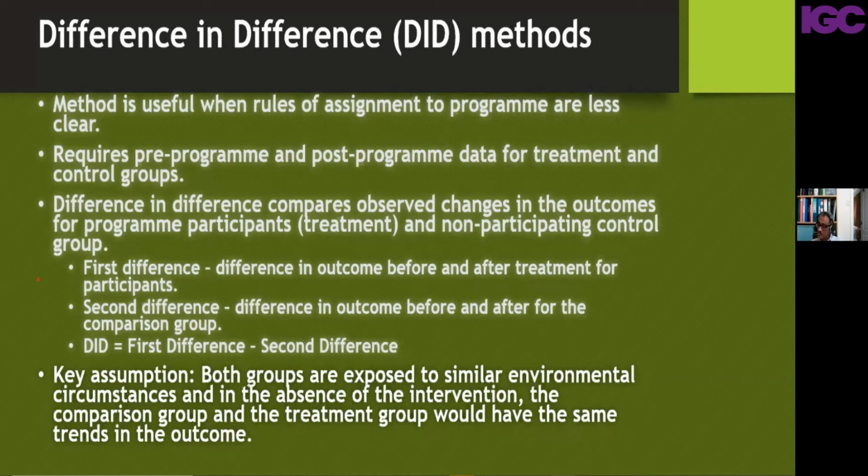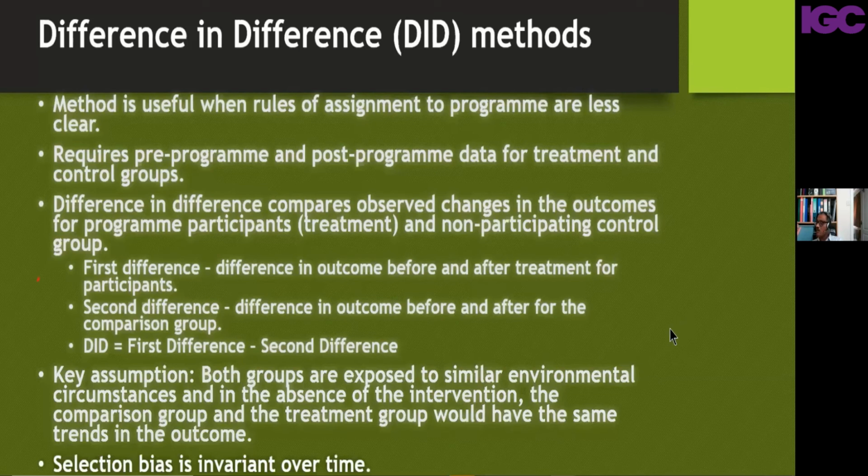That means their outcomes would have tended to move in the same way in the absence of the program. Suppose you're looking at, say, the GDP in the two blocks. What you're assuming is that in the absence of the road construction program, the trends in GDP in both blocks would have been the same. So let us take an example to see how we can compute the difference in difference methods.